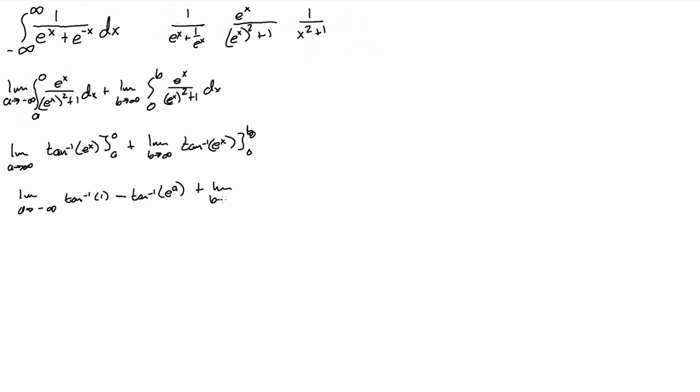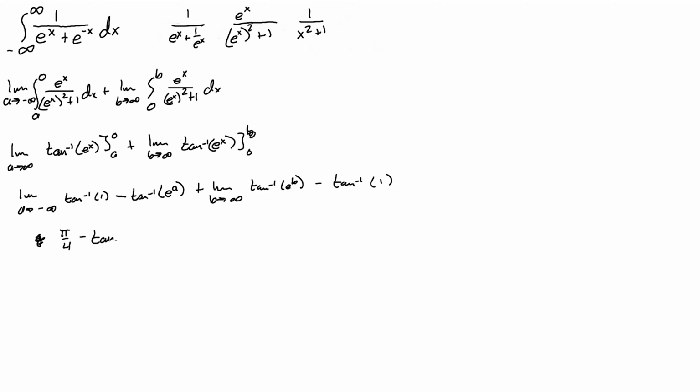Plus limit as b approaches infinity of inverse tangent of e to the b minus inverse tangent of 1. Well, now we have, well, inverse tangent of 1 is pi over 4. So pi over 4 minus, let's do this.